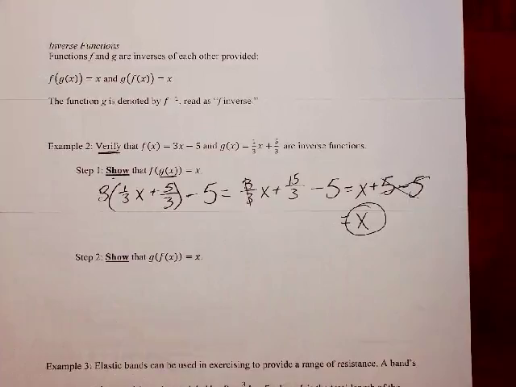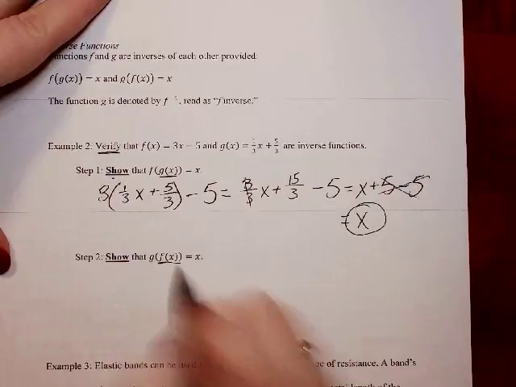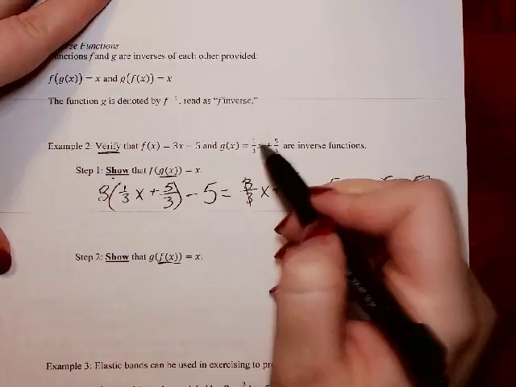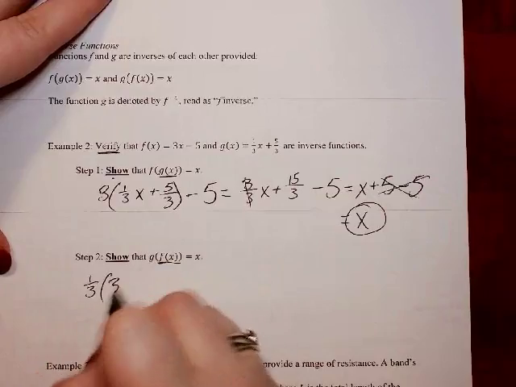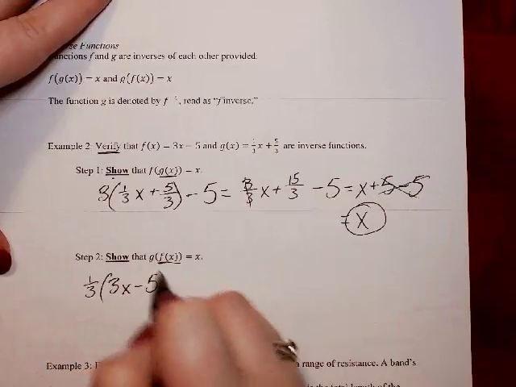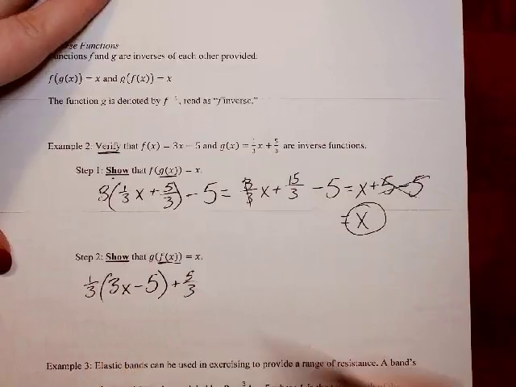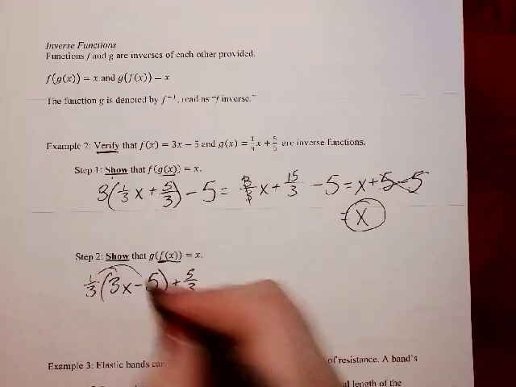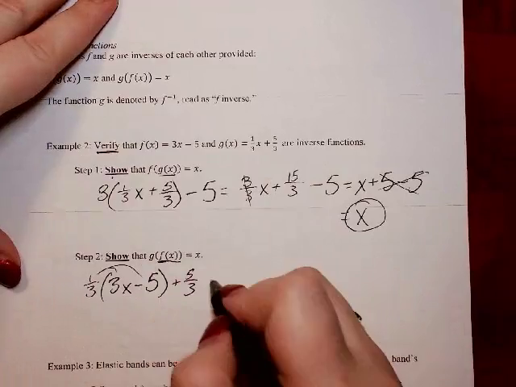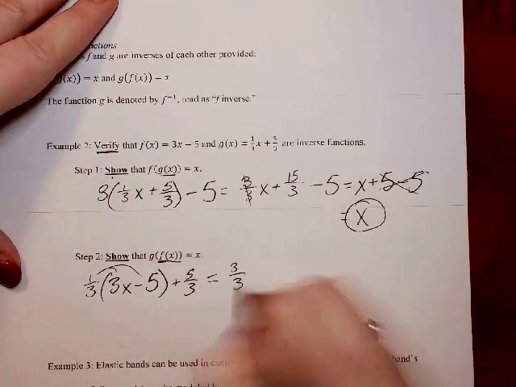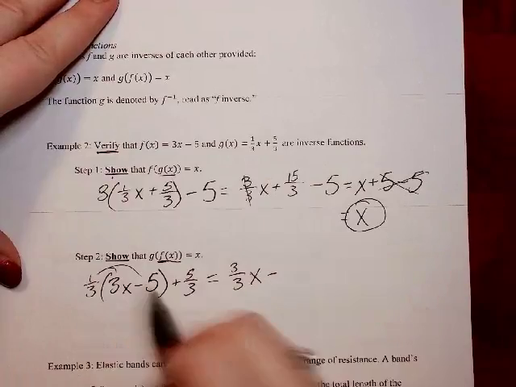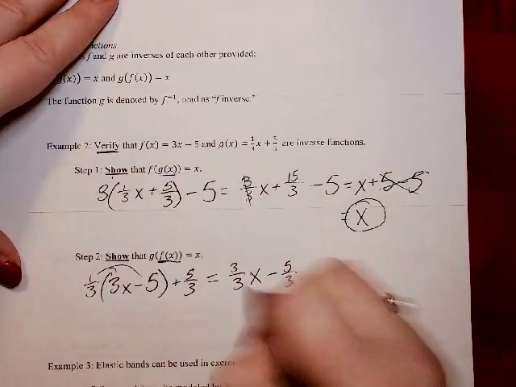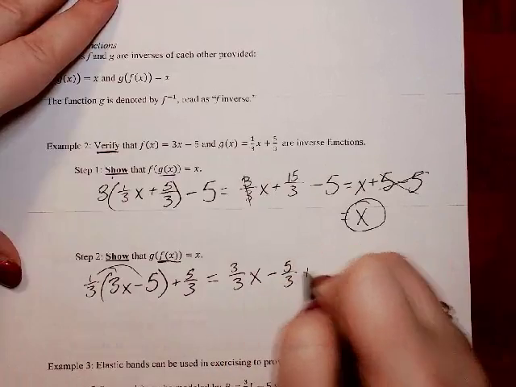Now I have to show that g of f of x is equal to x. So I'm going to plug f into x over here in g. So 1/3 times (3x minus 5) plus 5/3. I distribute my 1/3. So 1/3 times 3 is 3/3, 1/3 times 5 is 5/3, so 3/3 x minus 5/3 plus 5/3.